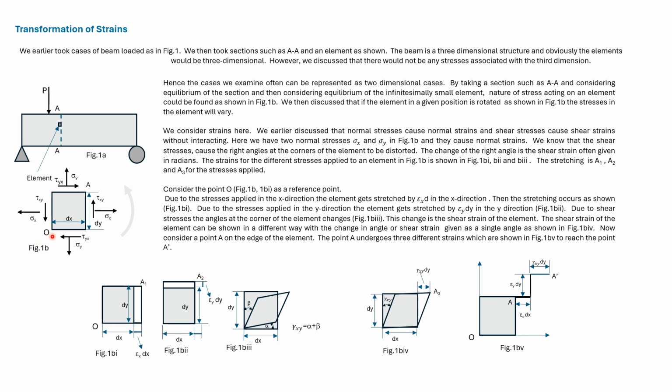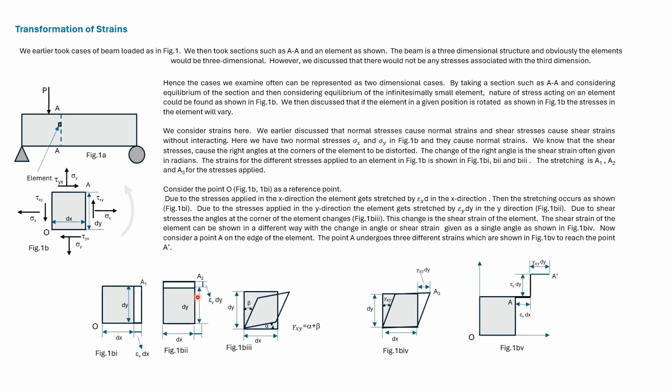Consider O as the reference point, and we'll find out the strain of point A. We'll find out strains for each type of stress first. Here sigma x is tensile and the element will extend in the x direction as shown. If epsilon x is the strain in the x direction, then the extension here will be epsilon x dx.